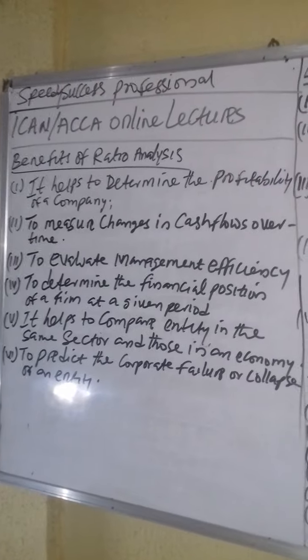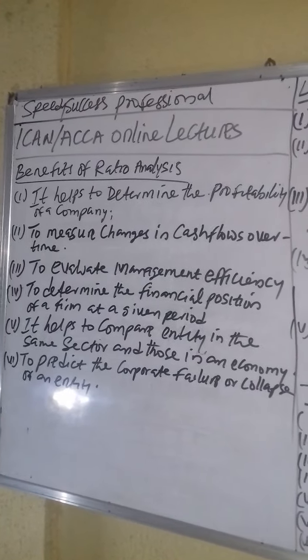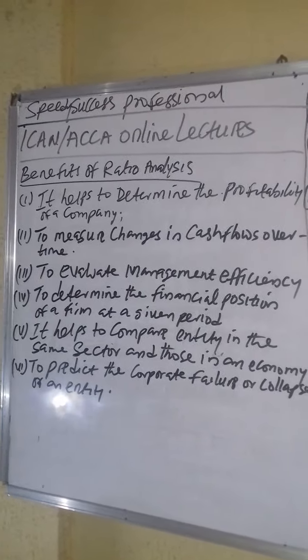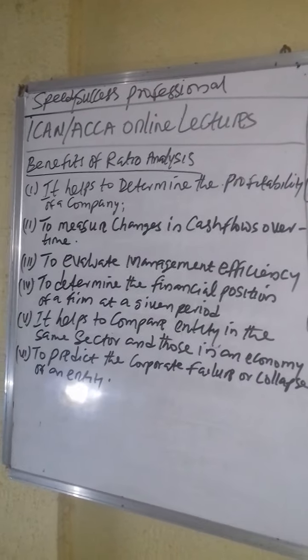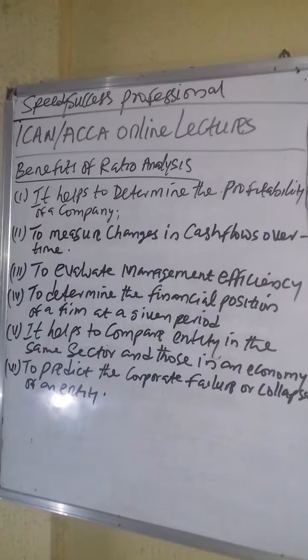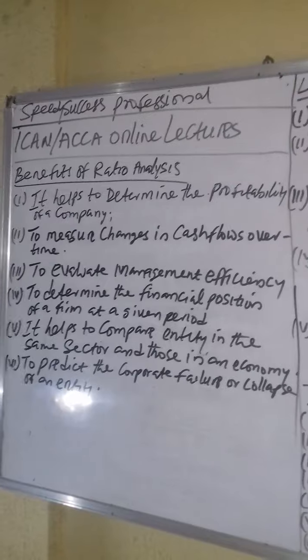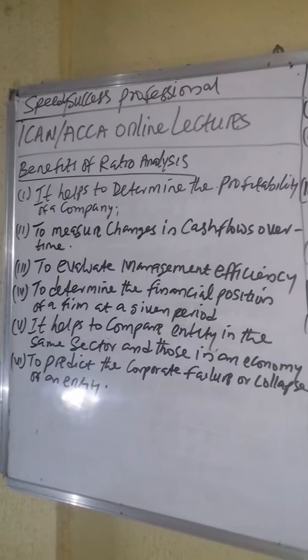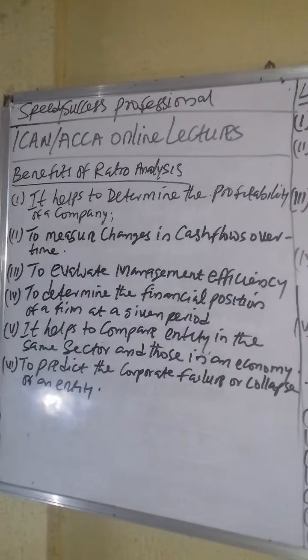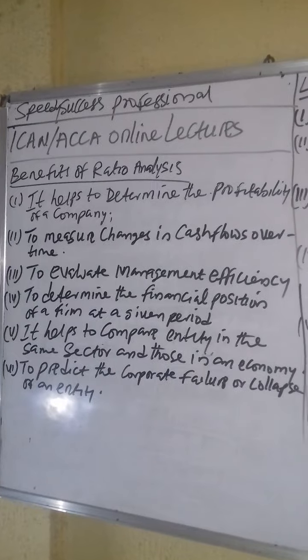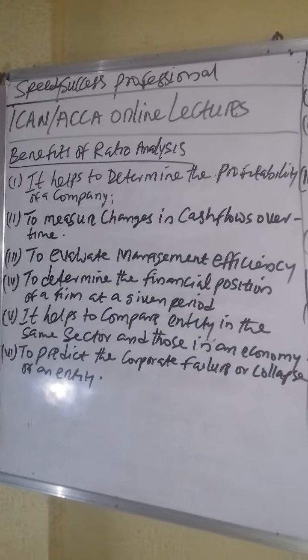We can say a company is 20% profitable, 30% profitable, or 15% profitable, and this allows for decision making by the intending or existing investor on whether to continue providing capital for such a business or not.